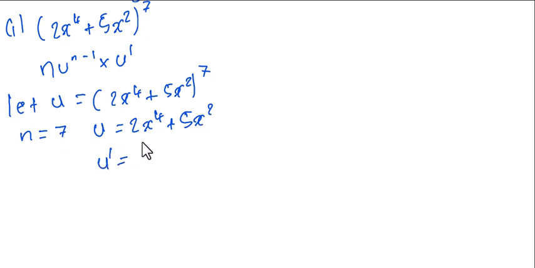So we're going to have 8x to the power 3, knowing the power rule, which states that when we have a function, let's say nx to the power n, it's going to be n minus 1. So this is what we're doing here.